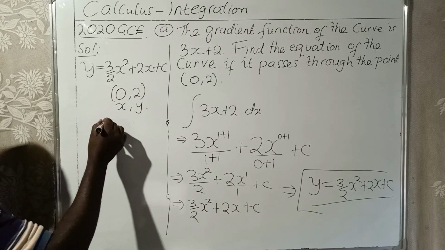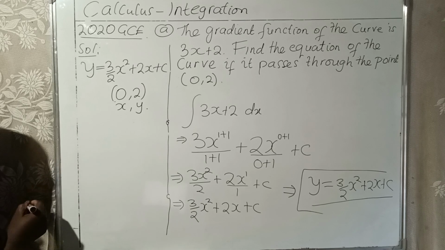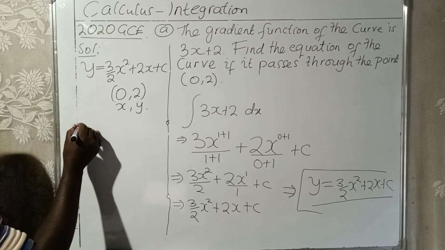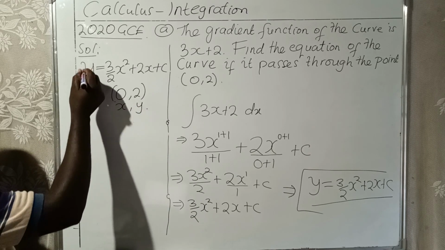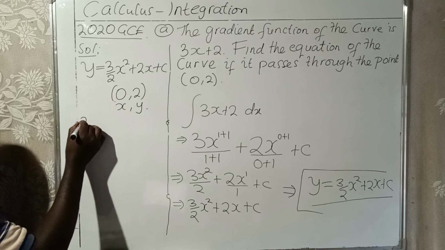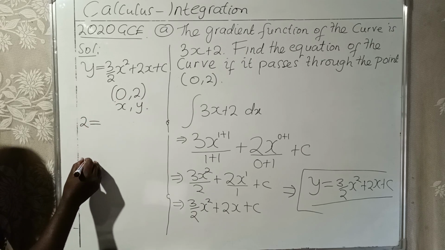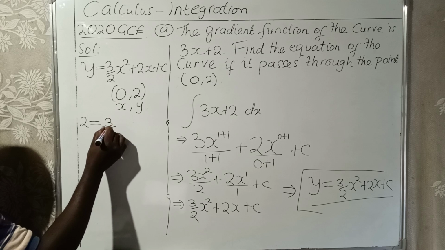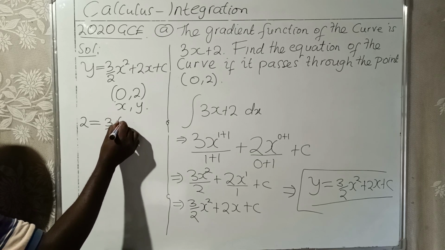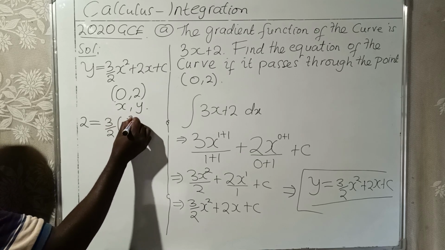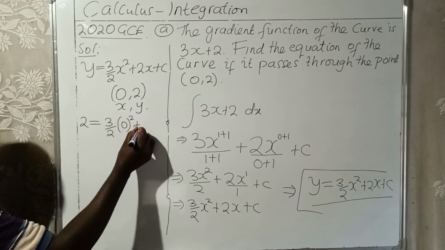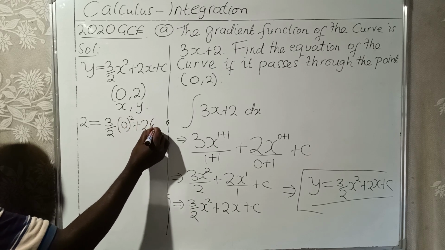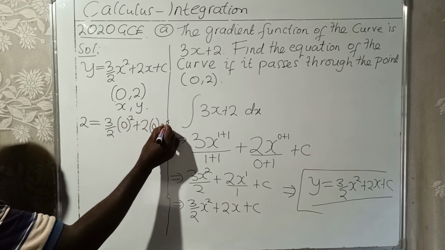So substituting into the equation, y is 2, so we say 2 is equal to 3 over 2 times 0 squared plus 2 times 0 plus c.